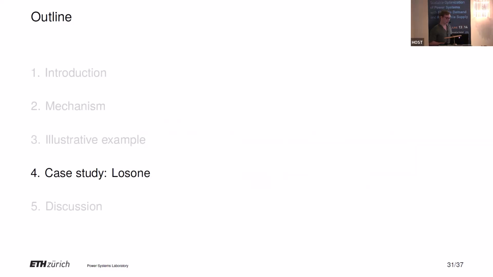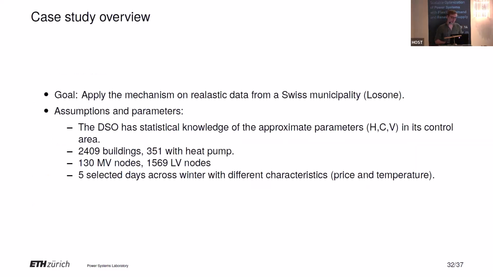So here we did a case study on some realistic data. We apply this mechanism on realistic data from a Swiss municipality, a municipality in the south of Switzerland, and we have an interesting data set with very realistic values for the different parameters that I've shown.